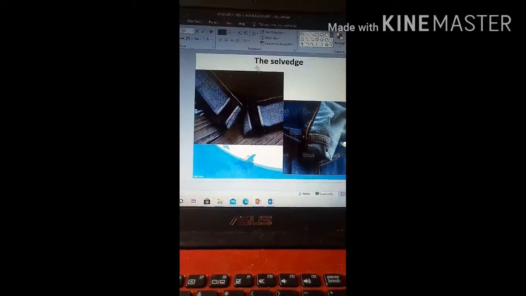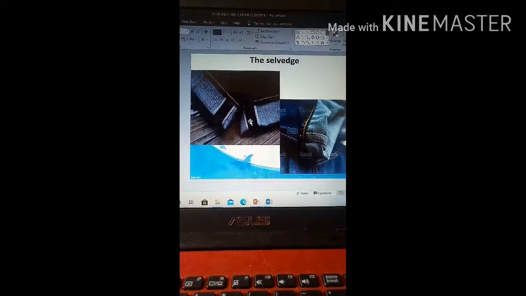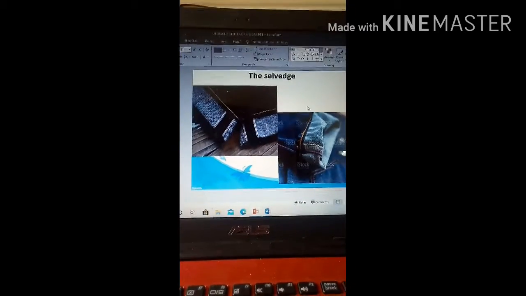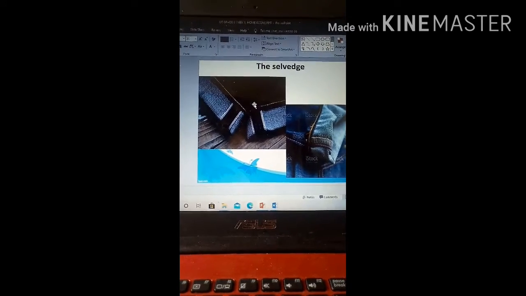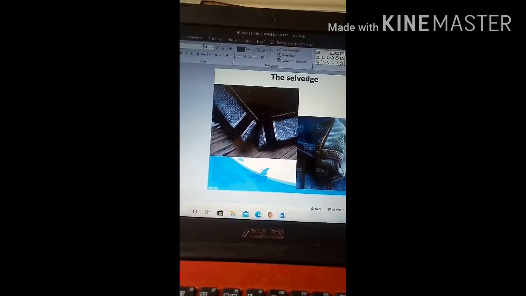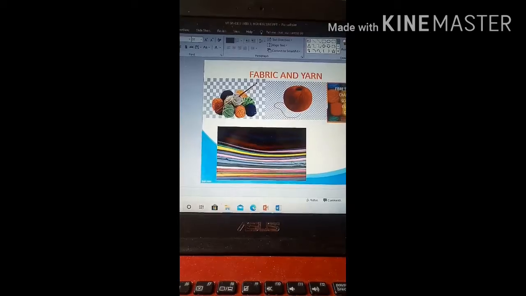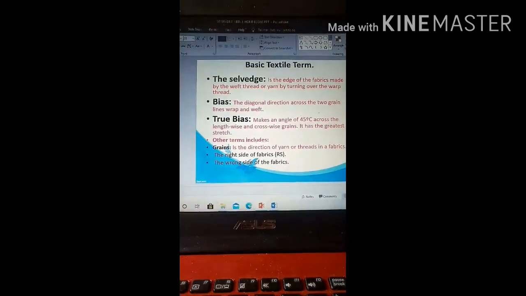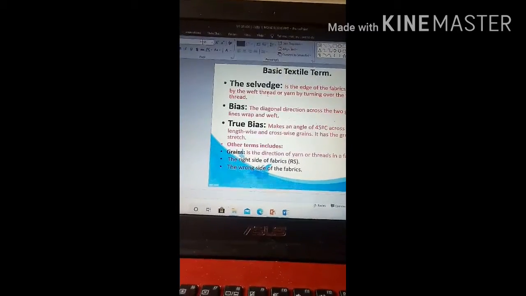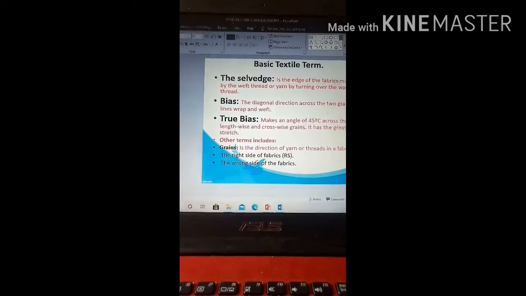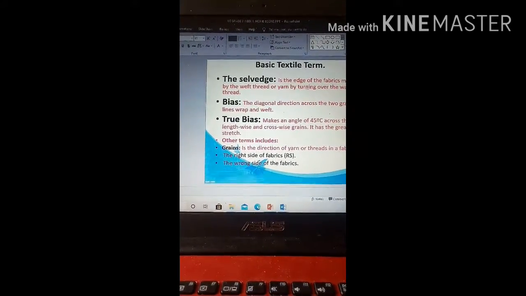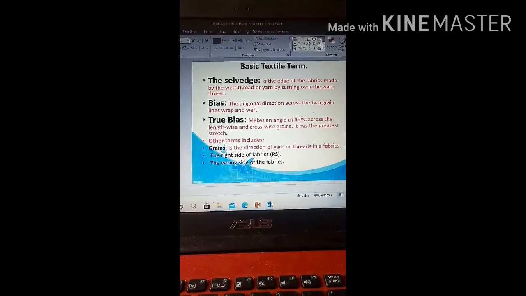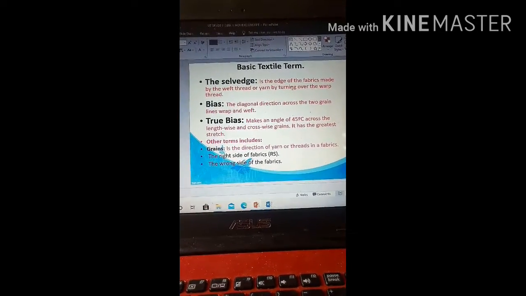The next one is the selvage. This is selvage, shown here. Let's check the definition of selvage. What is selvage? The selvage is the edge of fabrics that is made by weft thread or yarn turning over the warp thread.